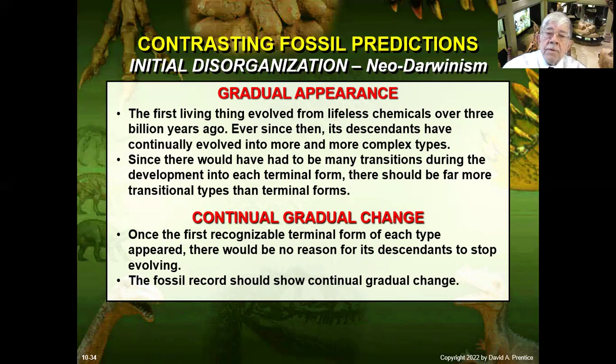Since there would have had to be so many transitions during the development into each terminal form, 250,000 terminal forms, there should be far more transitional types, millions and millions, as compared to terminal forms. And evolution also would tell us once the first recognizable terminal form of each type appeared, there'd be no reason for its descendants to stop evolving. So the fossil record should show continually gradual change.